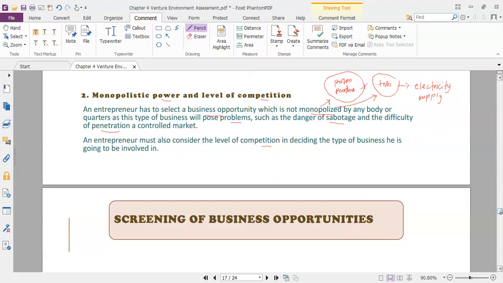So market mana yang selalu entrepreneur akan pilih nowadays? Mesti dekat cosmetic. Because of what? Cosmetic, the higher demand from cosmetic is demand from who? Mestilah daripada woman.